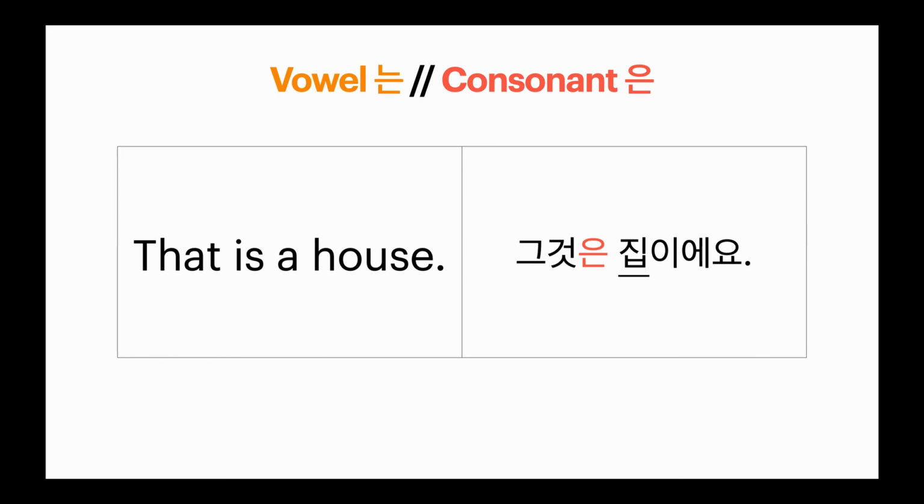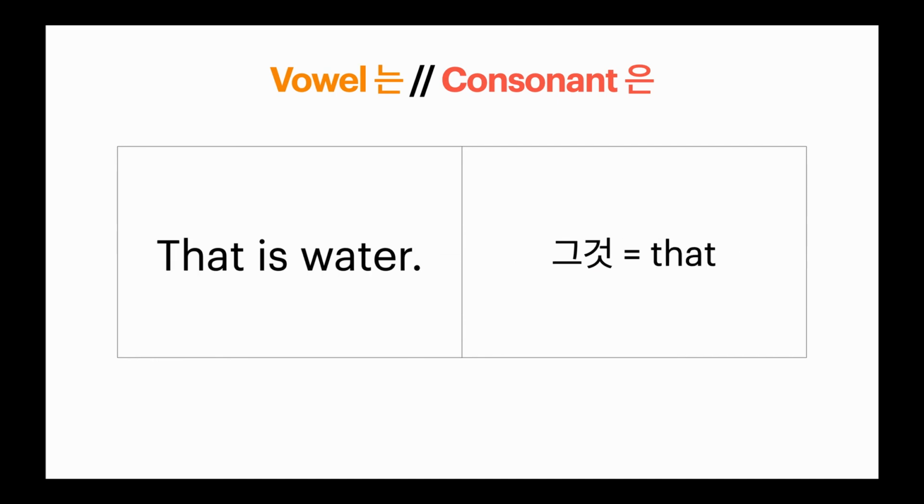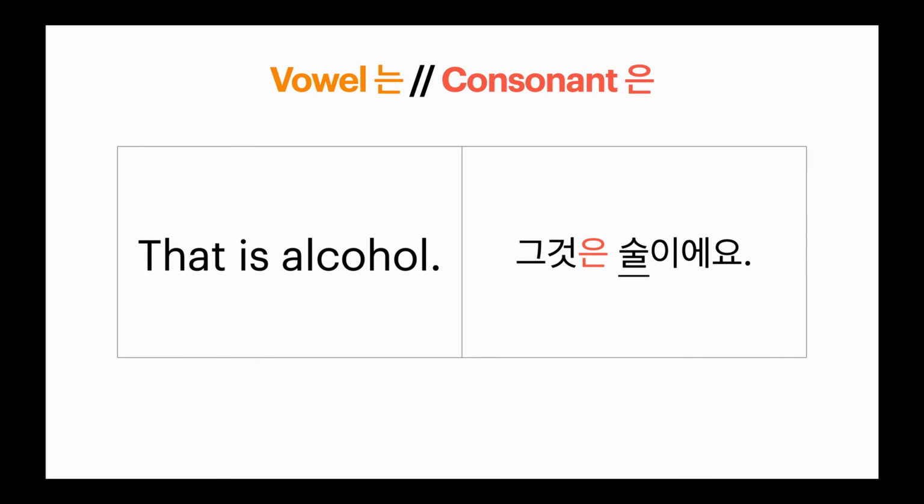So 그것은 집이에요. That is water. 그것은 물이에요. That is alcohol. 그것은 술이에요.